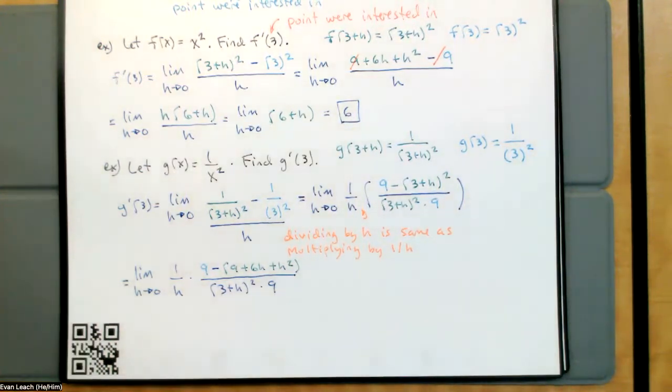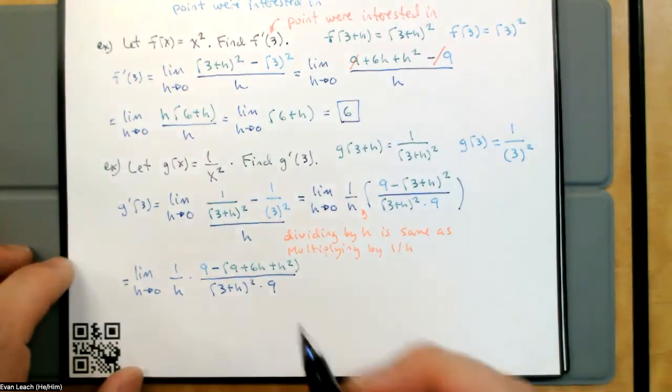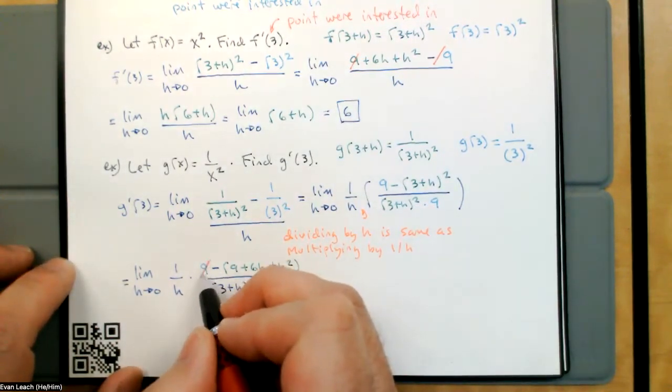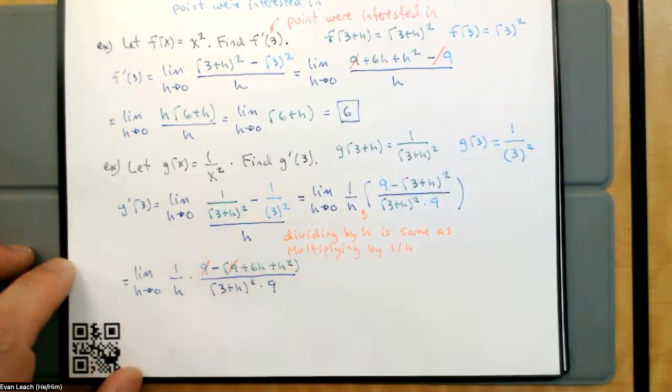We're going to leave it written in that weird order that I picked. Now we can see the 9s canceling out. And that's why h is going to become a factor in the numerator. This 9 minus 9 will cancel out.